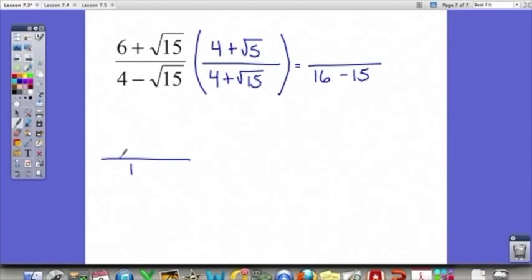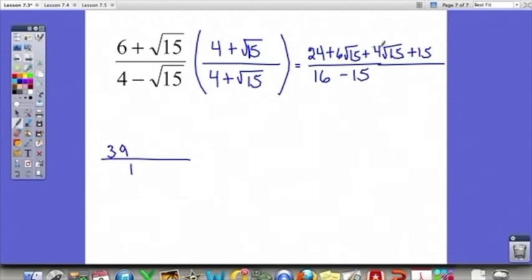Okay, on the top, and I forgot my 1 right here to make the 15, I'll have 24 plus 6 root 15 plus 4 root 15 plus 15. Okay, combining the 24 and the 15, I get 39.